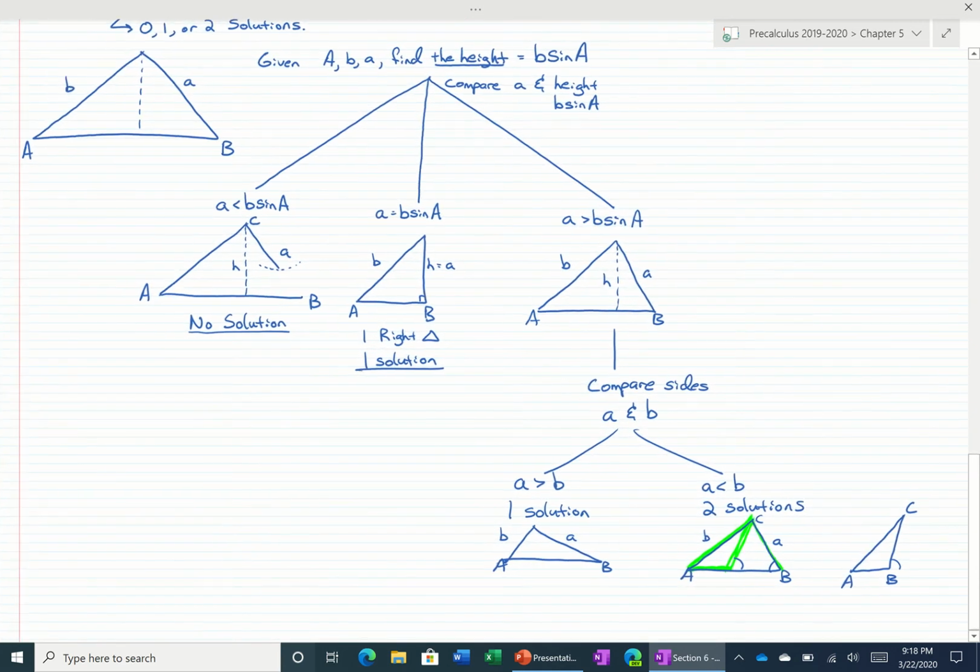And if I were you, I'd maybe write down this flow chart or print out the one that I posted. Step number 1 is you find the height. Step number 2 is you compare side A and B sine A. If A is smaller than the height, there's no solutions.